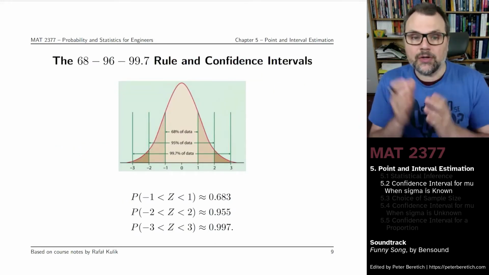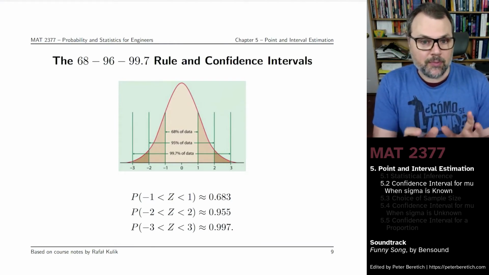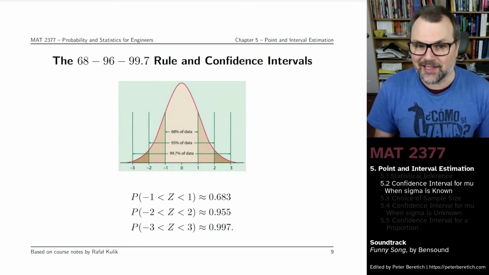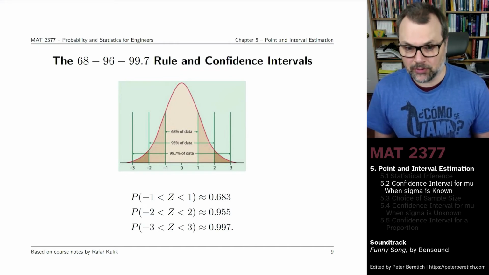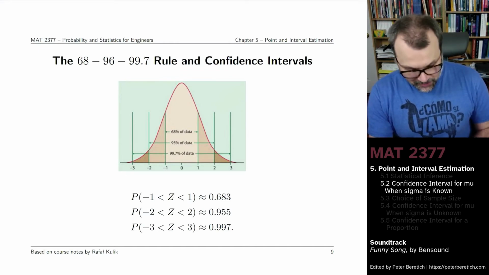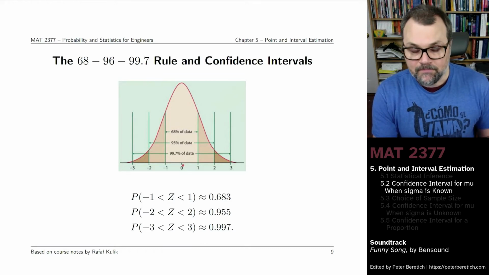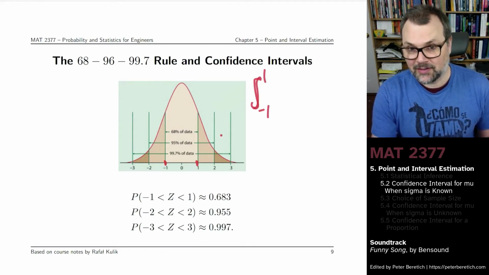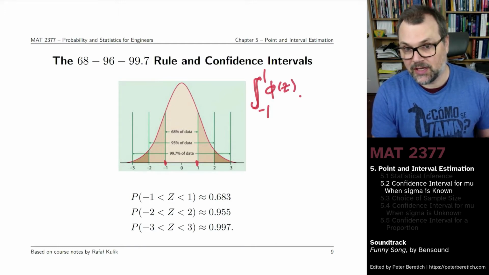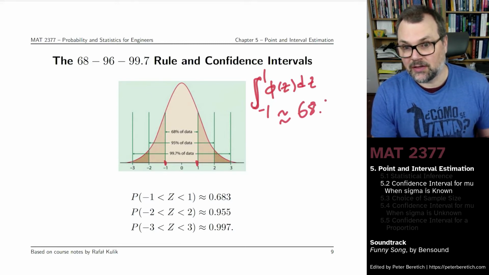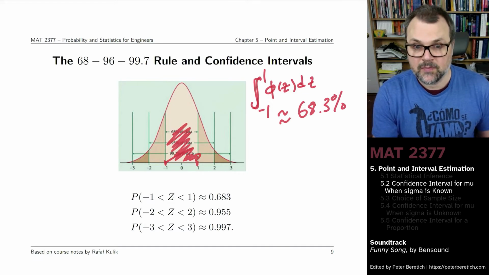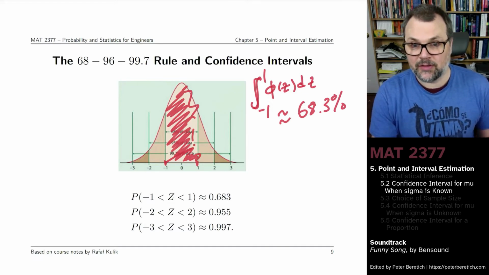Now, for standard normal distributions, there's something called the 68, 95, 99.7 rule. Roughly speaking, what it is saying is that if you compute the area between -1 and 1 under the PDF of the standard normal, you're going to get approximately 68.3%.